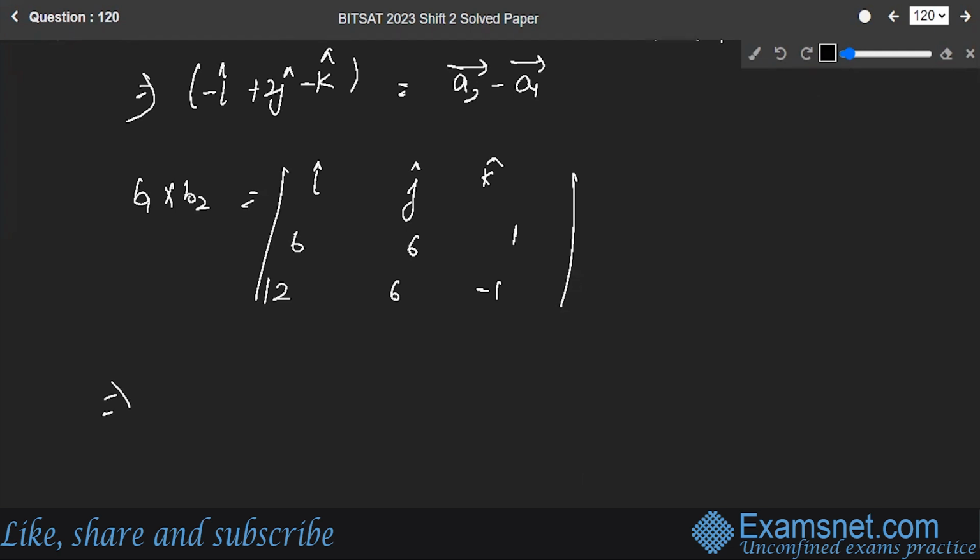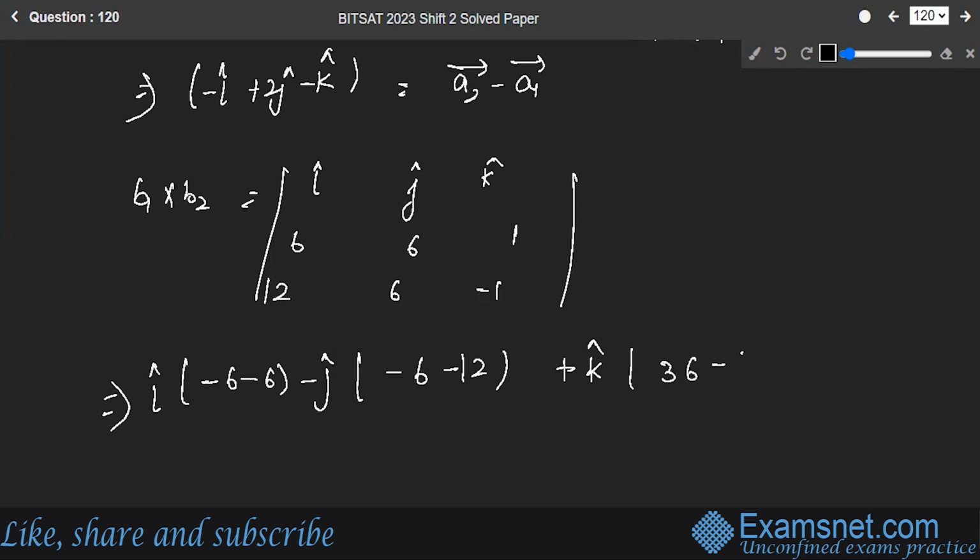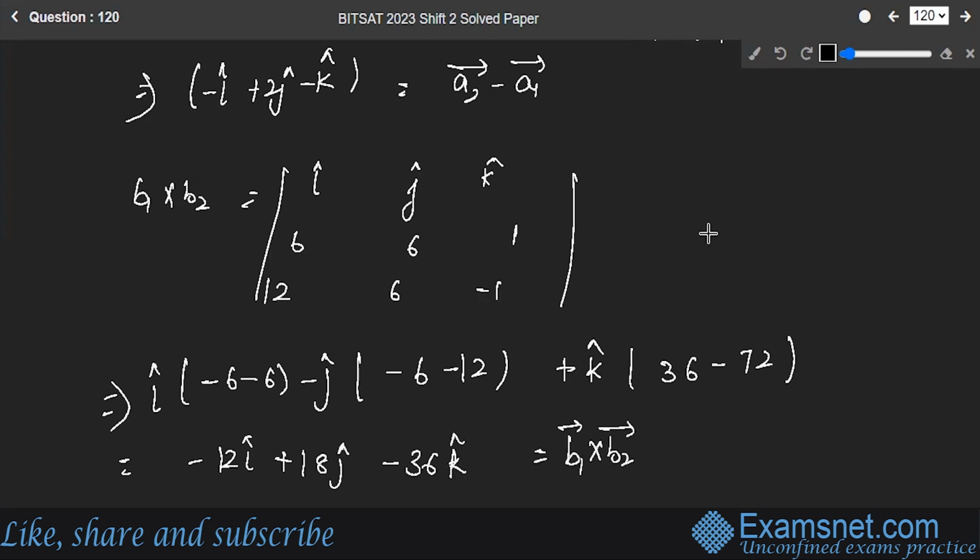On solving, you will have i(−6 − 6) − j(−6 − 12) + k(36 − 72), so this will be −12i + 18j − 36k. This is the cross product of b1 and b2.